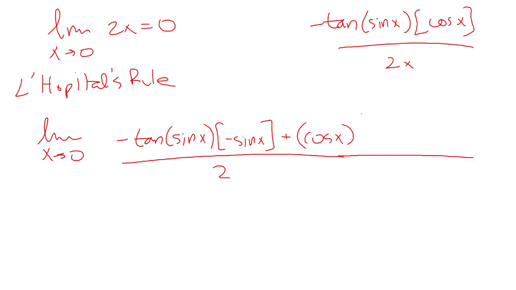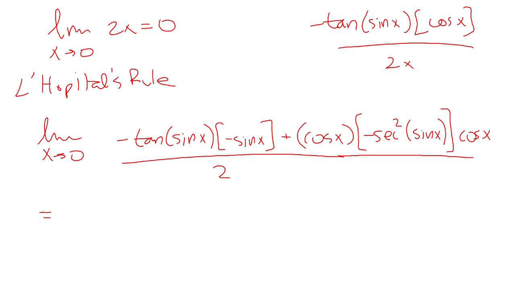Well, that's negative tangent u, so that'll be negative secant squared of u. And then we'll multiply that by the derivative of the sine of x, which is just cosine of x. So we got kind of a mess here to evaluate, but let's see what happens when we do it.